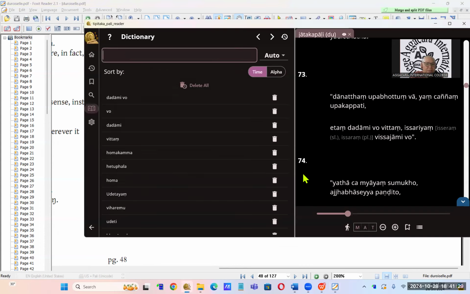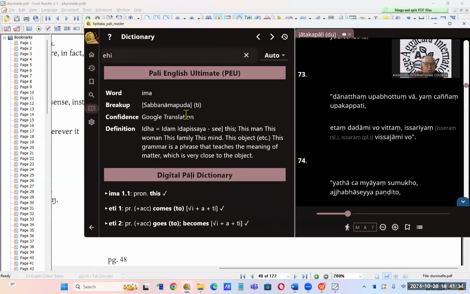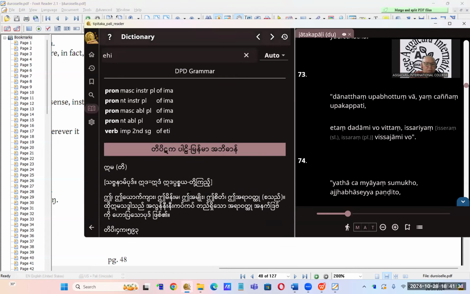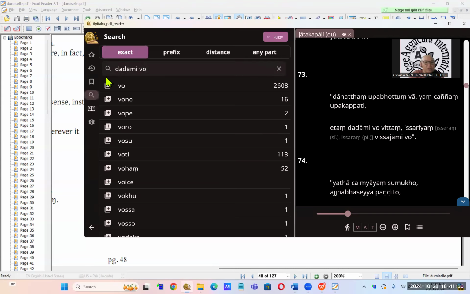Ahi, ab. Okay, according to the dictionary there's a pronoun here. Anyway, you all can do research here. Maybe we do a search for esanam.